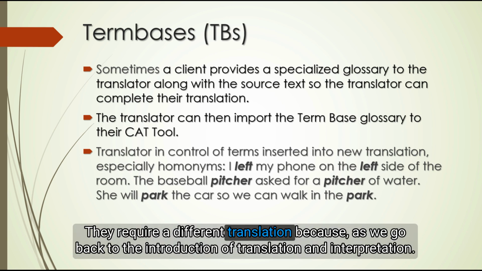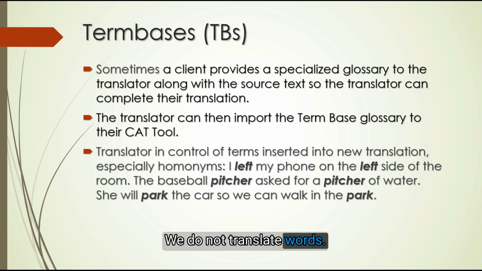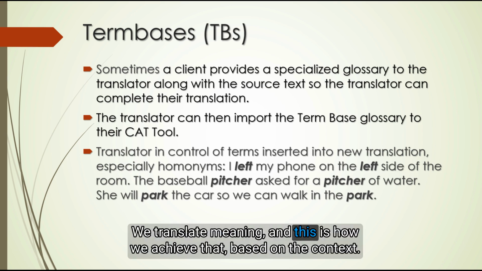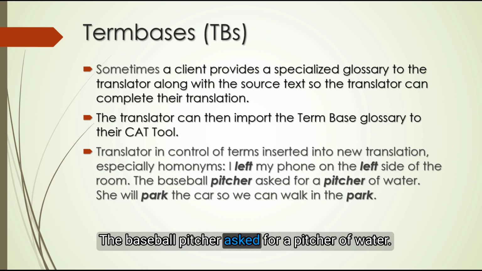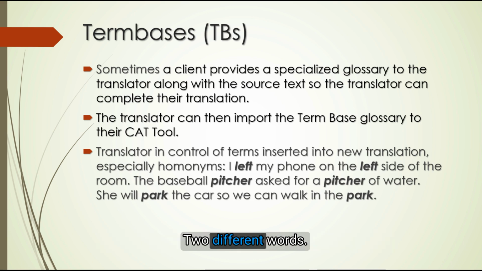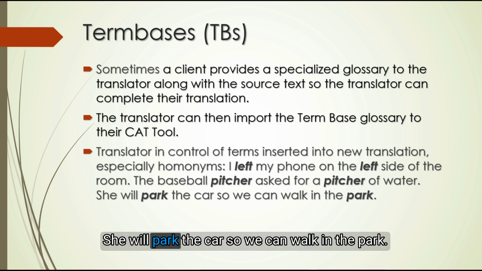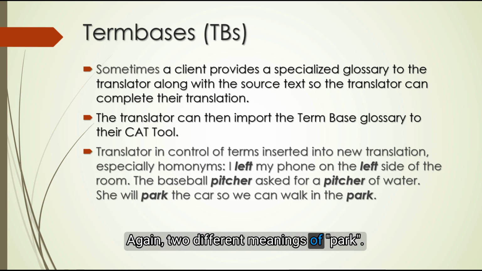They require different translation because, as we go back to the introduction of translation and interpretation, we do not translate words, we translate meaning. And this is how we achieve that based on the context. The baseball pitcher asked for a pitcher of water. Two different words, two different meanings, two different renditions. She will park the car so we can walk in the park. Again, two different meanings of park.